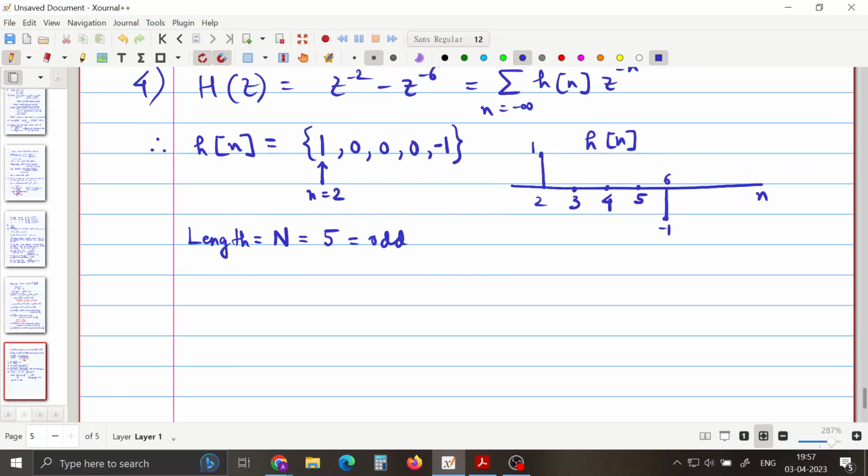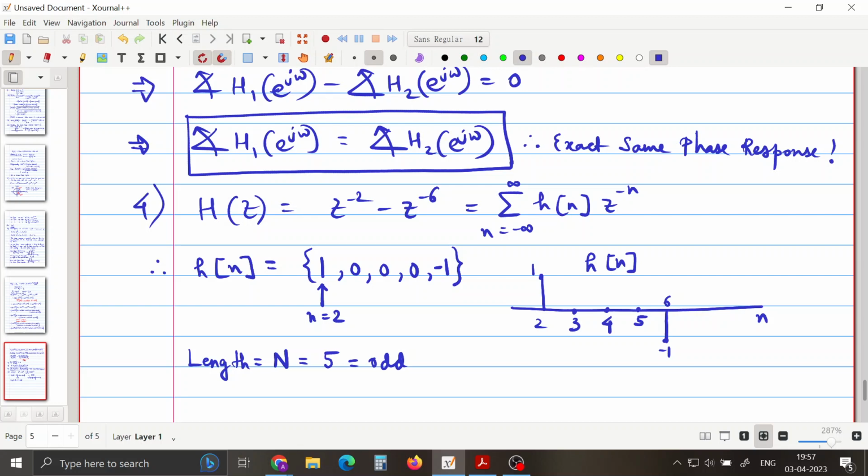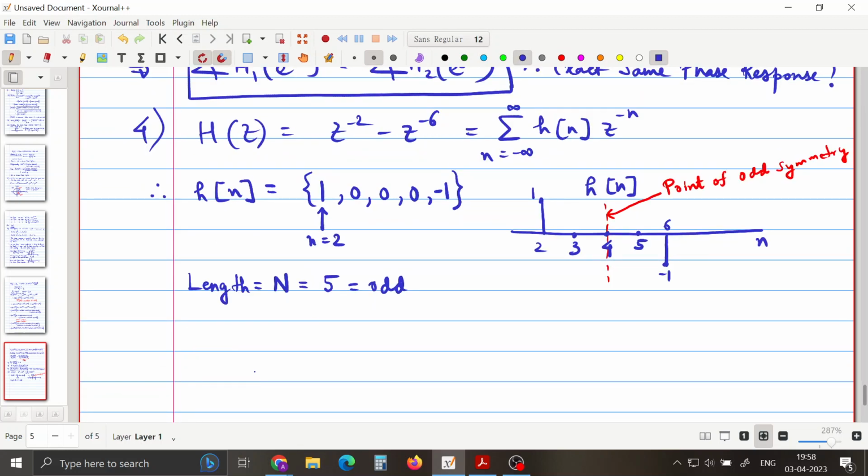And what about the symmetry of h of n? It is clearly odd symmetric, and the point of symmetry is about n equals 4.